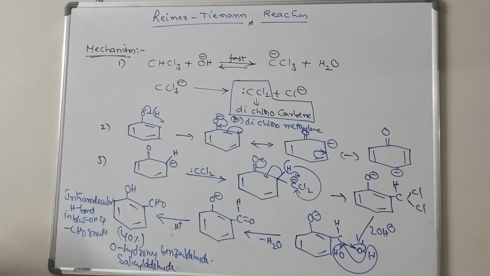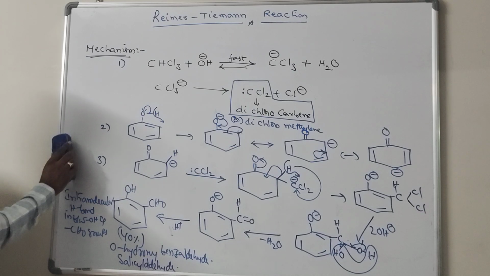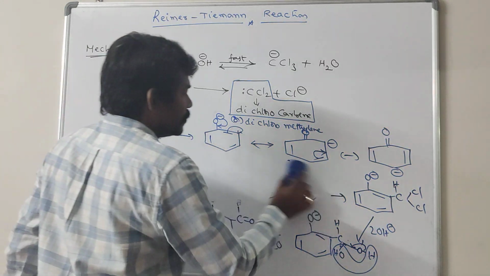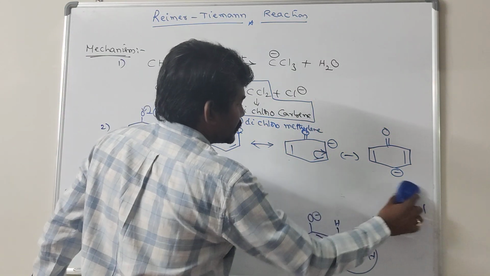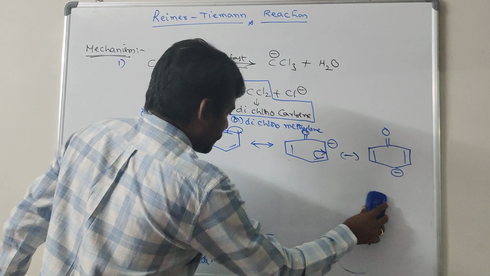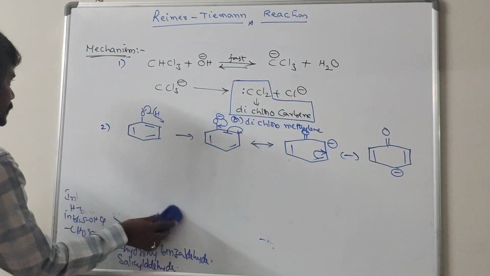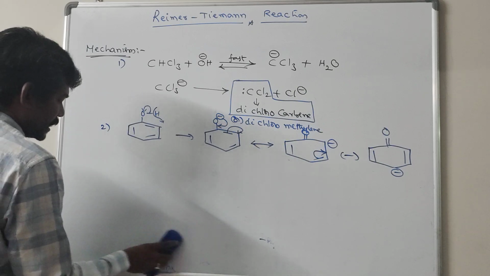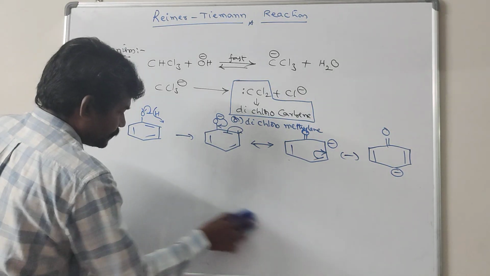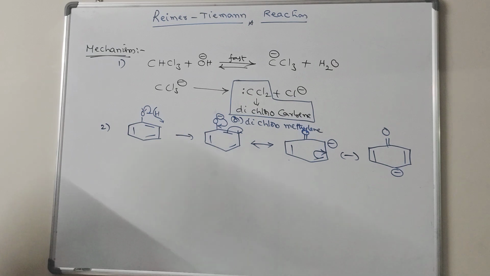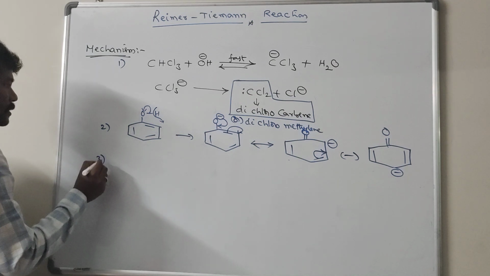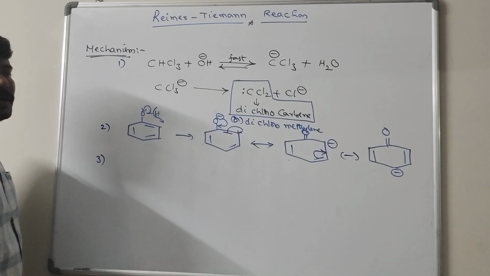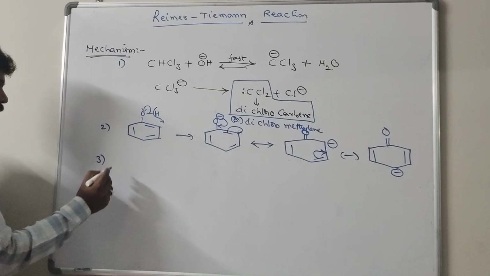Well, what about the formation of para-hydroxybenzaldehyde? How is it formed? Let us see the mechanism. Two steps are common in the formation of ortho-hydroxybenzaldehyde and para-hydroxybenzaldehyde.